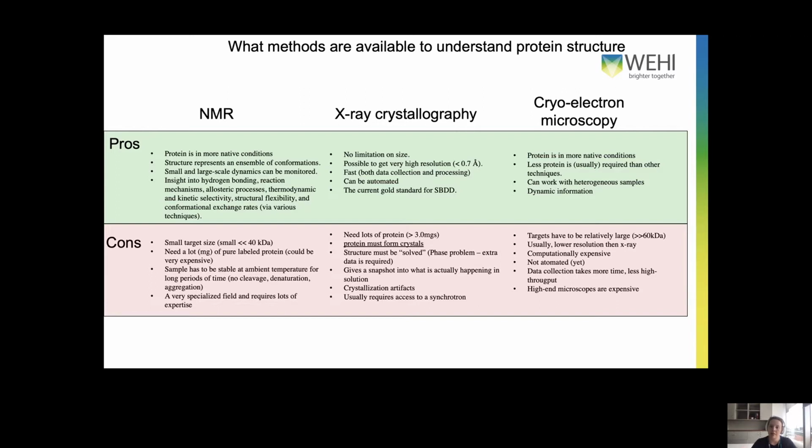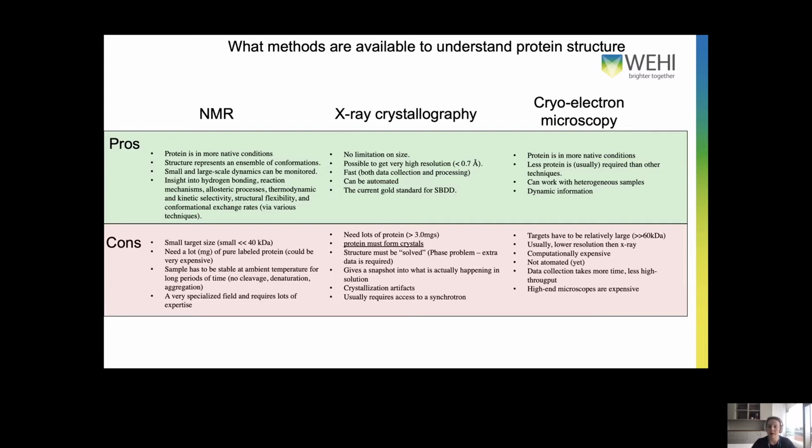There are, of course, several drawbacks as well. Targets have to be relatively large as compared to NMR. Usually, the data acquired is at lower resolution than, let's say, X-ray crystallography. However, that limitation is being rapidly overcome, and now there are structures up to 1.2 angstrom resolution for apoferritin.